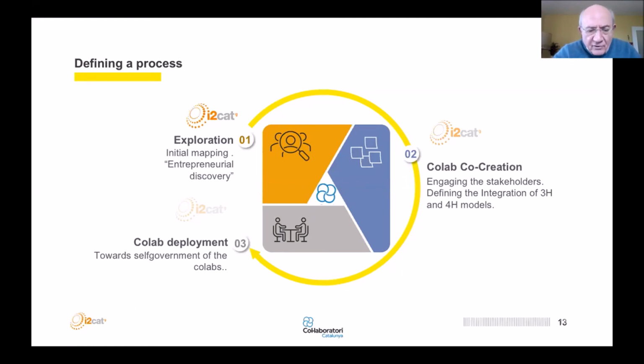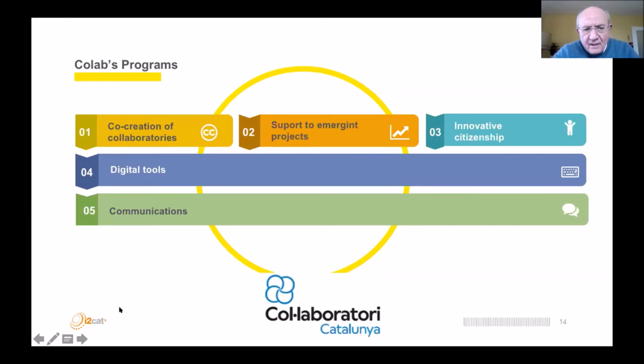Initially, it was territorial. Then we developed these 5 projects in this collaboratory, co-creation and collaboratory, supporting emerging projects, dealing with how to engage the citizen in this project, how to support these collaboratories with a digital platform that was very useful because of the COVID.